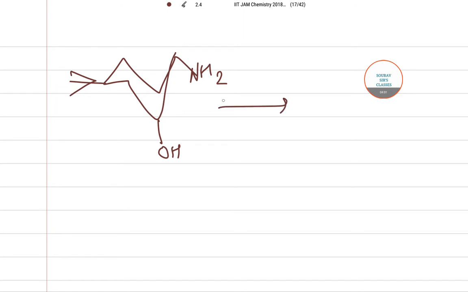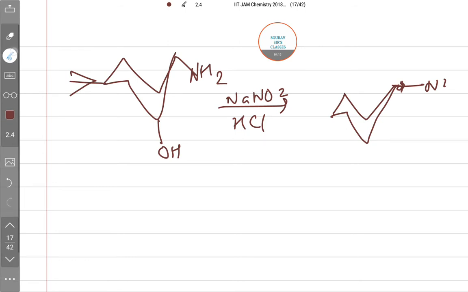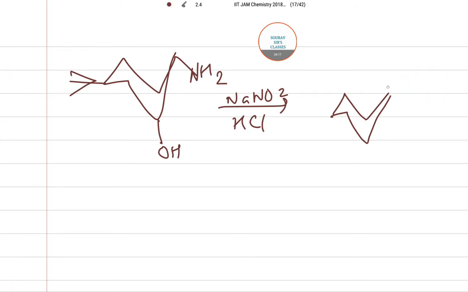Now when giving NaNO2 and HCl, we will get a compound which looks like this with an N triple bond N attached here. Here there's an N triple bond N with a positive charge over nitrogen, and the OH is present here, and the structure.